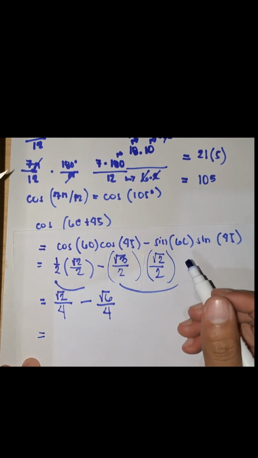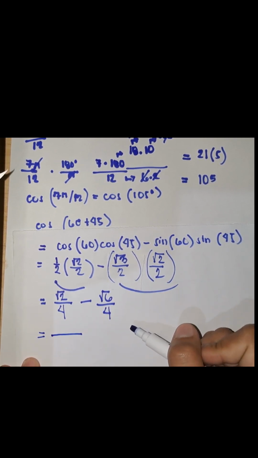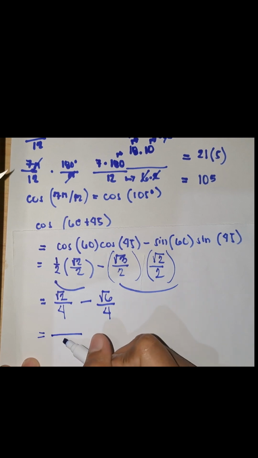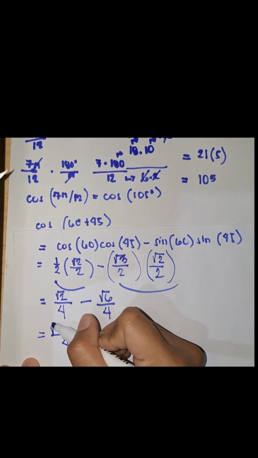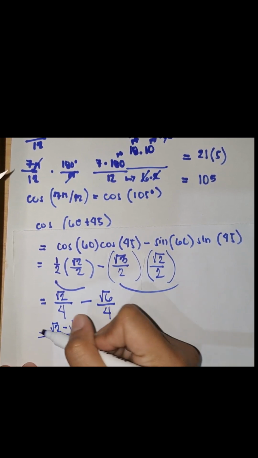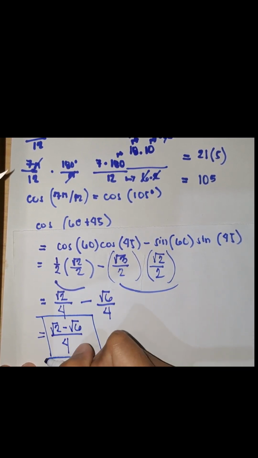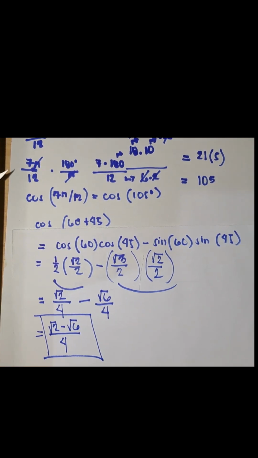As we can see, we have the same denominator, so we just copy that. So 4, and we have root 2 minus root 6. So this would be our final answer for the formula cosine(A plus B) equals cosine A cosine B minus sine A sine B.